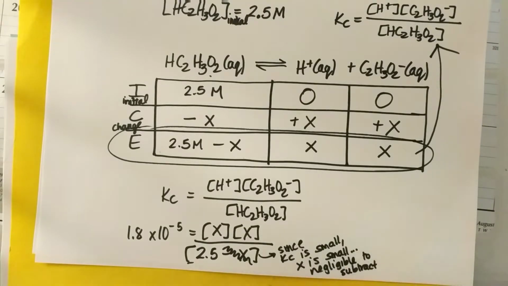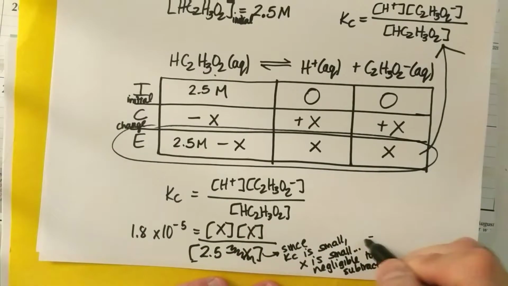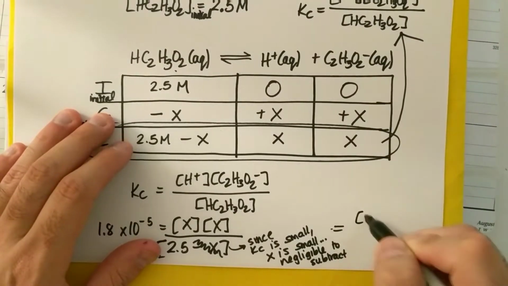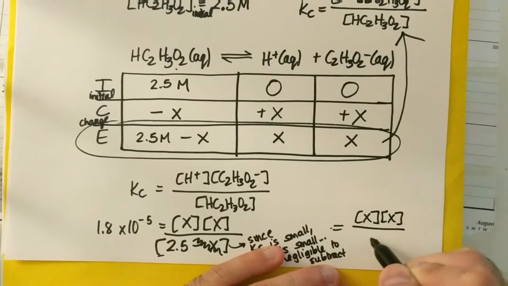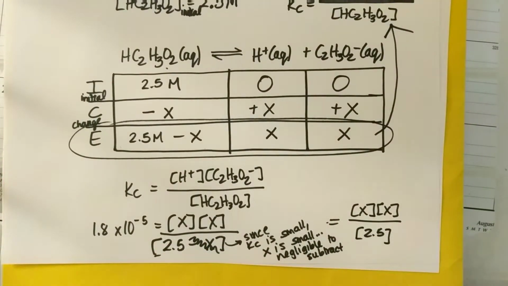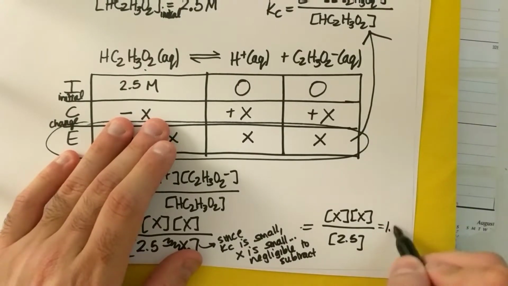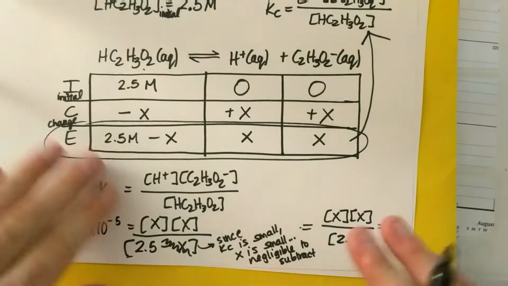And so this is just a tip and a shortcut. So I could rewrite this now as concentration of X times X all over 2.5, and that's equal to 1.8 times 10 to the minus fifth. On the next page, I'm going to solve for X now.